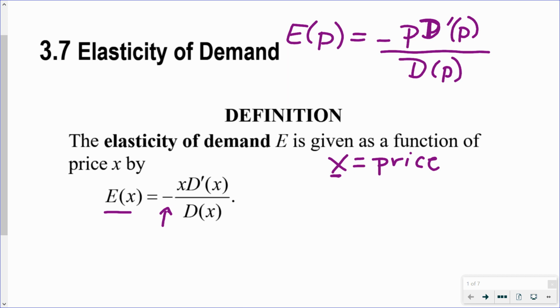You can call them whatever you want, but I want you to see that, because I know that on your quiz and test, it is written as a P and not an X. So it works either way. Just remember whatever they're defining our input variable as, whether it's a P or an X. Okay, so again, elasticity, you'll have a negative in the function, and then it is your price, X, times the derivative of the demand function, and that's going to be divided by the original demand function.